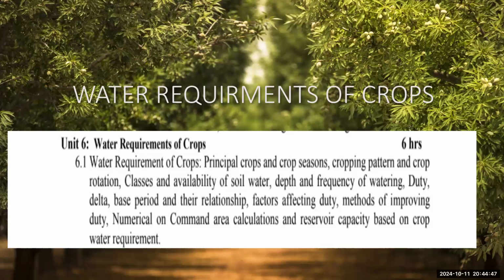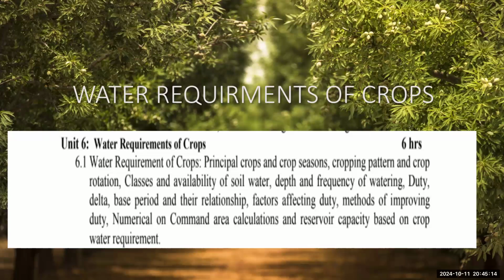After that, the culturable command area is worked out. And by considering various crop seasons and principal crops over this culturable command area, then using the terms duty, delta, and base period, it is possible to calculate the requirement of water for crops.